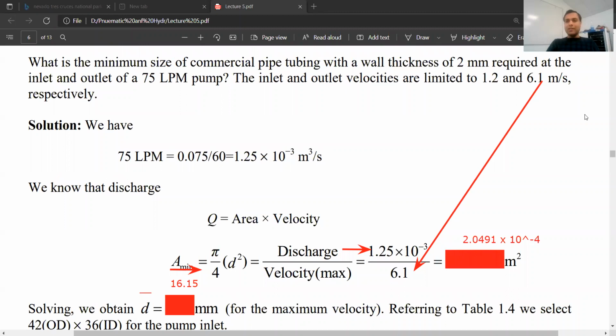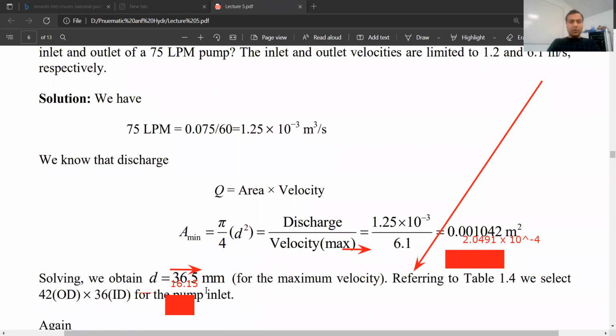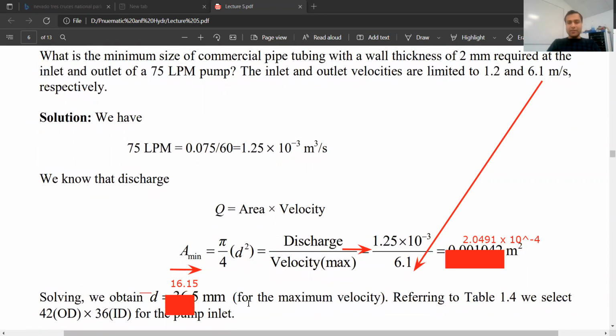Okay, the wall thickness is 2. And we got the diameter, 16.1. Now we need to look for 16.1 millimeter for the internal diameter.